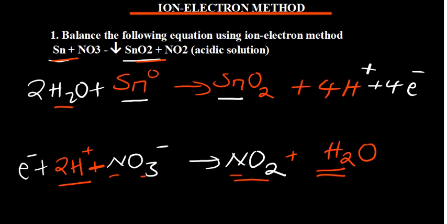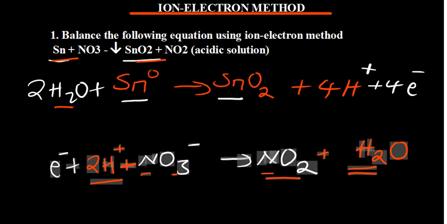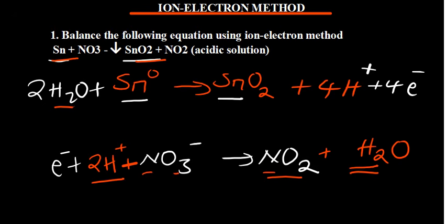So from this step now, we need to make sure that since one half reaction is losing electrons, the other one is supposed to gain. So the number of electrons gained and lost are supposed to be the same. In the first half reaction, we have 4 electrons being lost. So we need to make sure that even in the second one, there are supposed to be 4 electrons being gained. So you need to multiply the whole equation by 4 so that we balance.